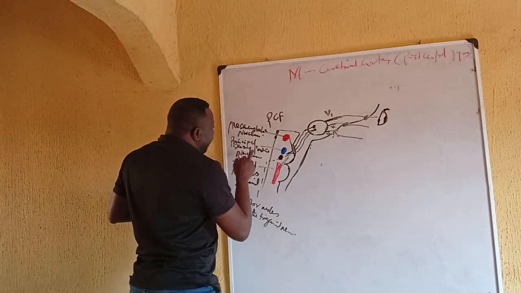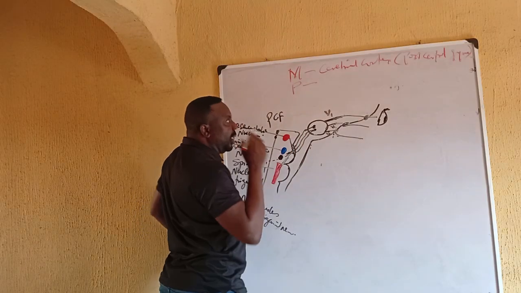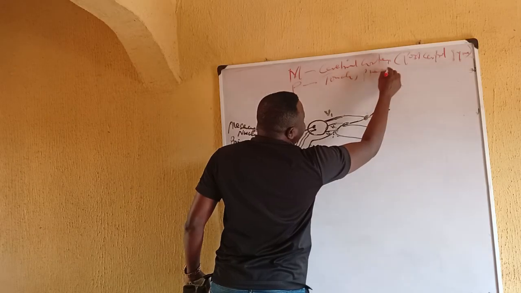Now, the principal pontine nucleus carries information that has to do with touch and pressure.